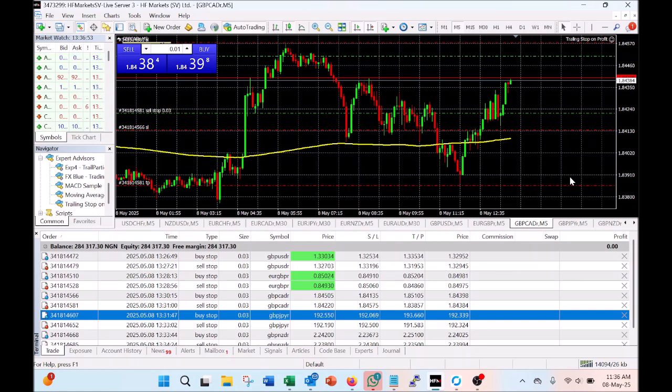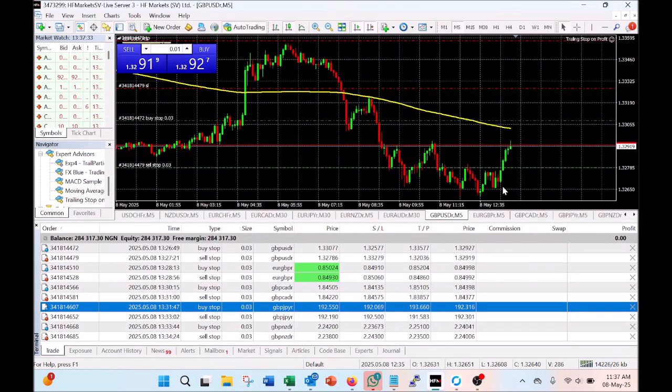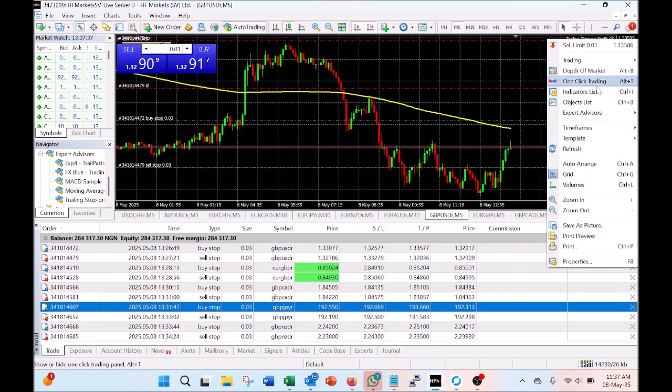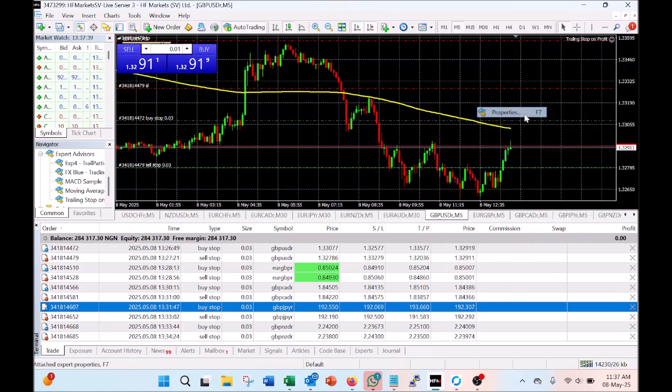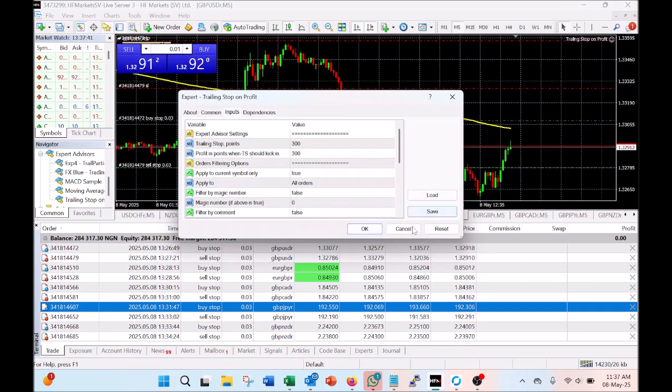So, like I said earlier, for the central bank in the UK, there's a forecast that the interest rate is going to be reduced, and it is strongly expected that that will send some sell pressure in the market.